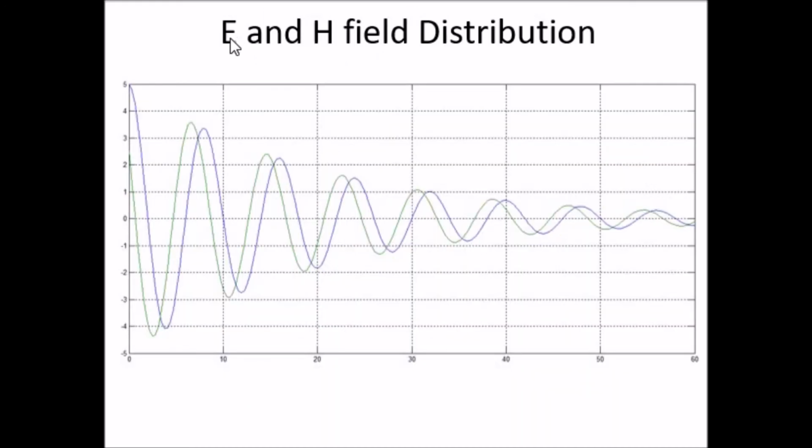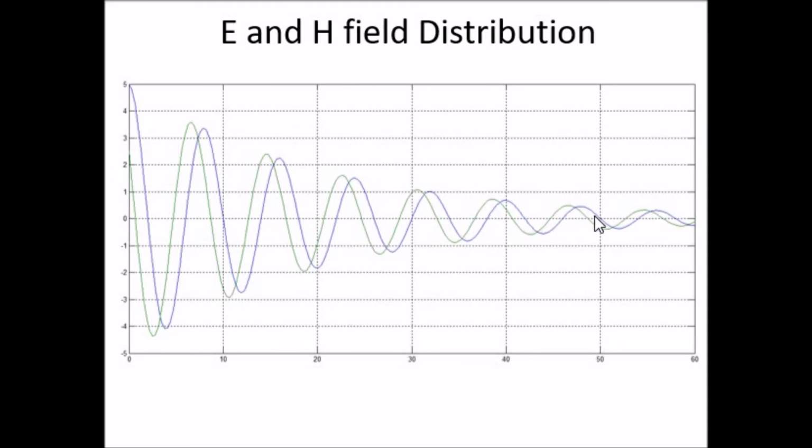If we plot the amplitude of electric field and magnetic field together, you will get a wave like this. So here the blue one represents the electric field and the green one represents the magnetic field.